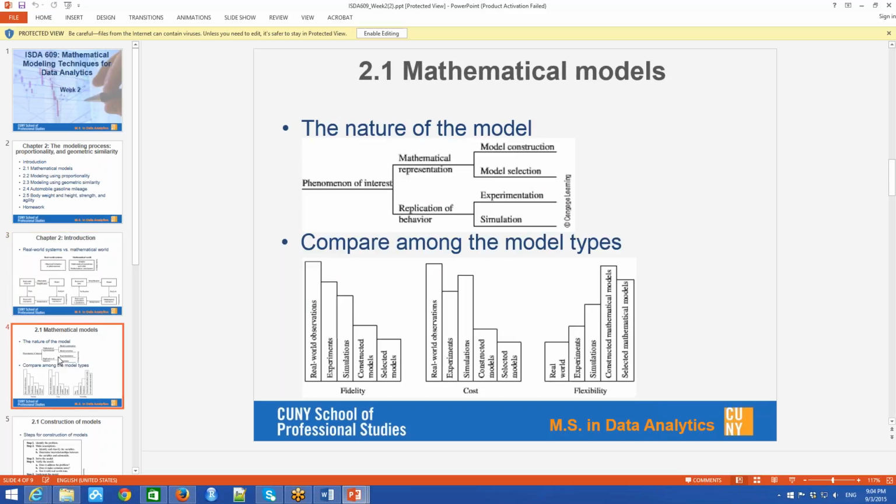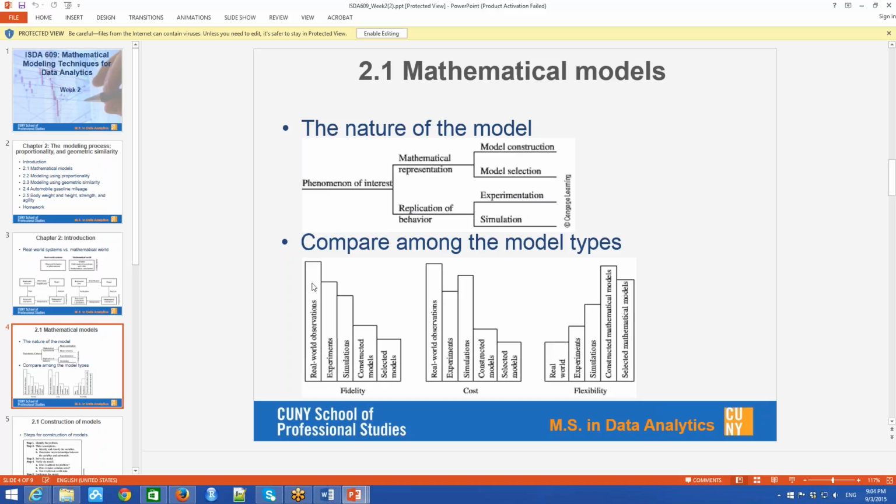And then from the nature of the model, it can be a mathematical representation or a replication of behavior. Experimentation and simulation would belong to this section, and mathematical model would belong to that section. And then there's a comparing of model types.